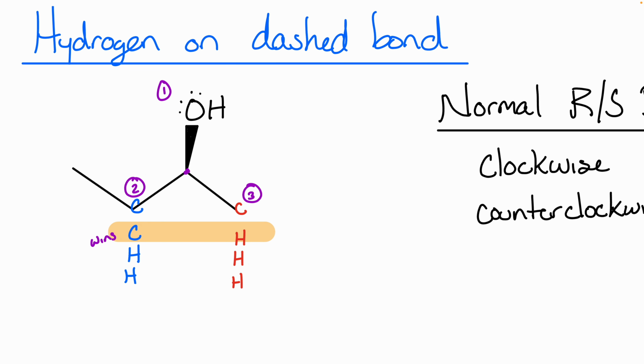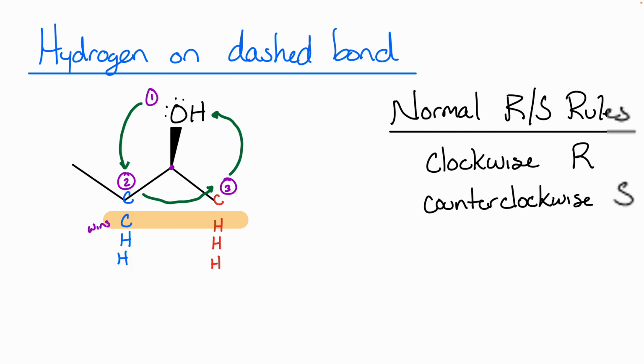And now it's the last step that we do. Connect 1 to 2, 2 to 3, 3 back to 1. So this would be our S stereoisomer here, right? I went in the counterclockwise direction.